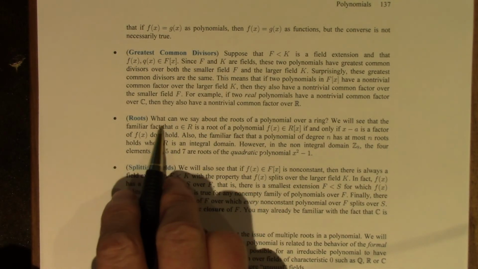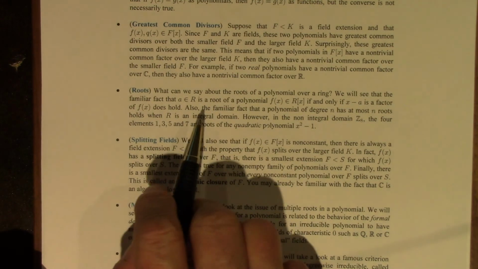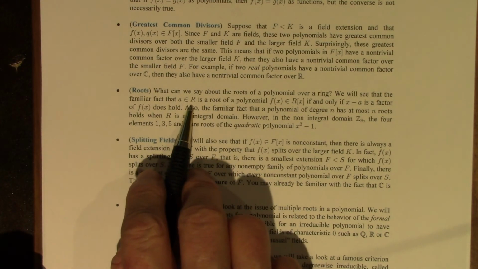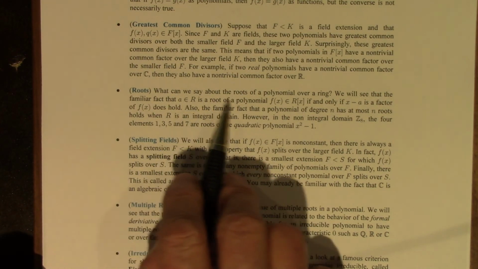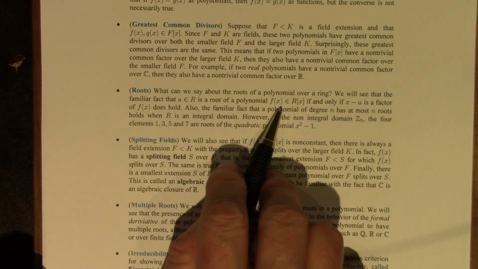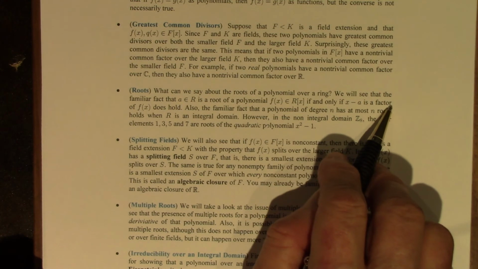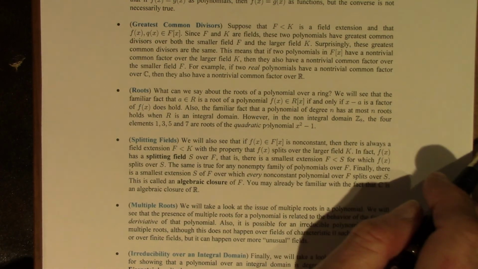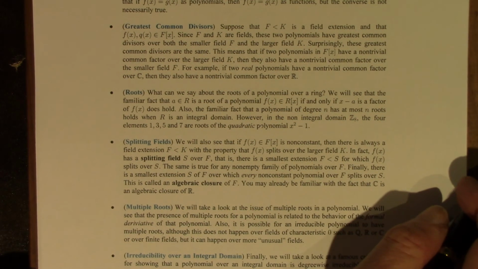Roots. What can we say about the roots of a polynomial over a ring? Well, we will see that the familiar fact that an element, in this case of the ring, is a root of a polynomial, call the element a, if and only if x minus a is a factor, still holds for polynomials over any ring.